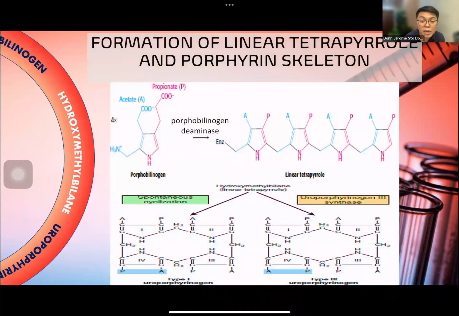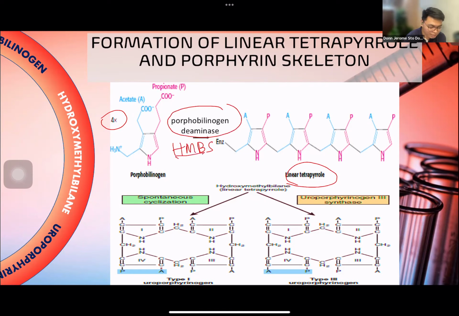So now, porphobilinogen. How many molecules of porphobilinogen for you to make a porphyrin? Kailangan mo ng 4. You need 4, right? So 4 molecules of porphobilinogen would condense to form your linear tetrapyrrole, otherwise known as your hydroxymethylbilane, catalyzed by the enzyme porphobilinogen deaminase, also known as hydroxymethylbilane synthase, because you're synthesizing hydroxymethylbilane.